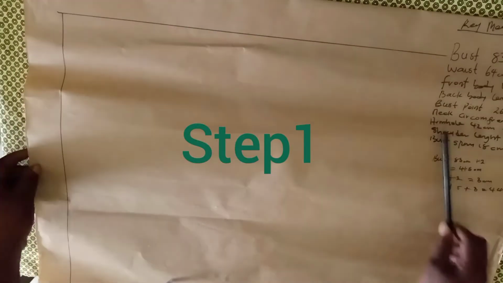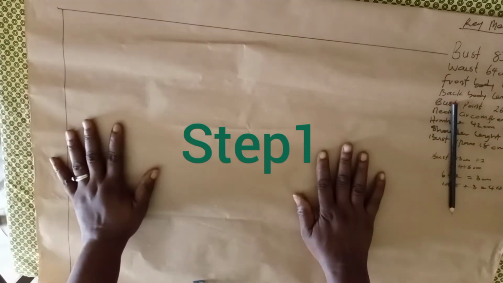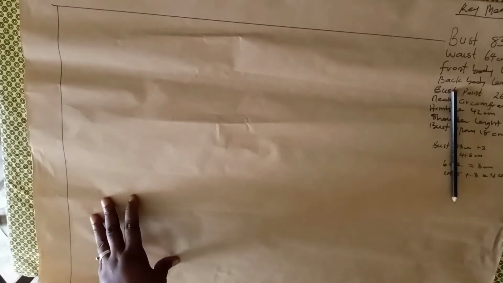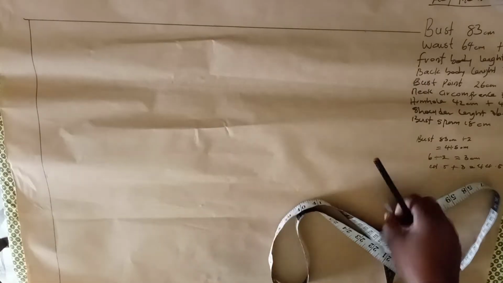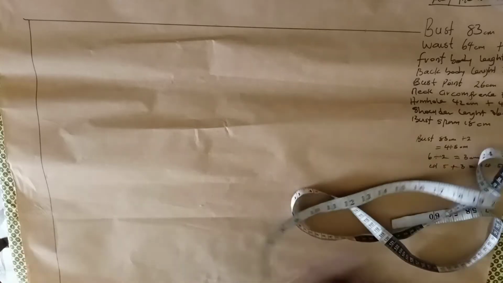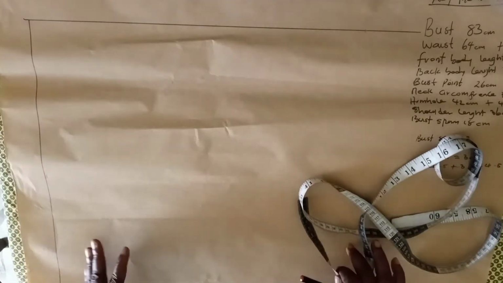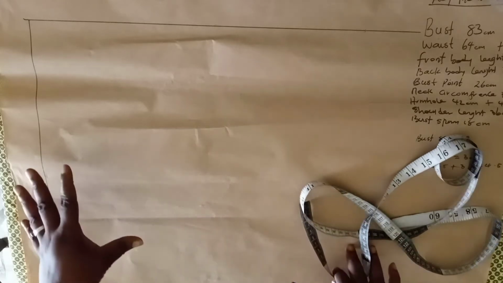Now, before we go on to start drafting, we will need the frame. To get the basic bodice block, we need to map out a frame to enable us have our center back and our center front.